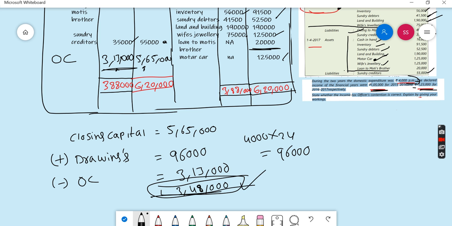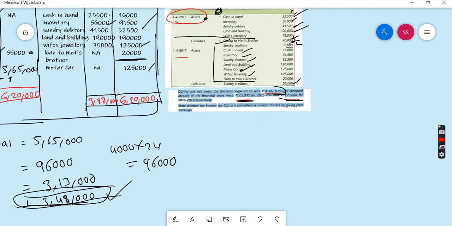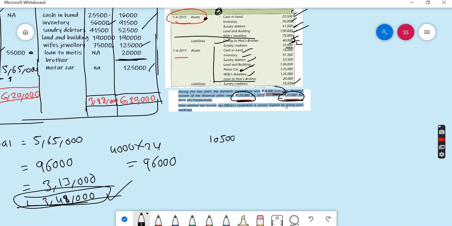This profit is for the 2 years, right? So 3,48,000 is the total income of Srimoti. But how much did she disclose? She disclosed here 1,05,000 for 1 year and 1,23,000 for 1 year. 1,05,000 for 2015-16 she disclosed, and 1,23,000 for 2016-17 she disclosed.